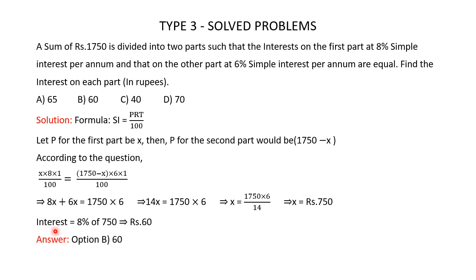So the simple interest for the first part is 8% of 750, which is rupees 60. Now it's given that the simple interest for the first part is equal to the simple interest for the second part. So the interest on each part is rupees 60. The correct answer is option B, 60.